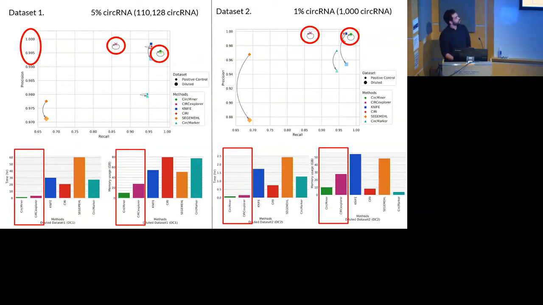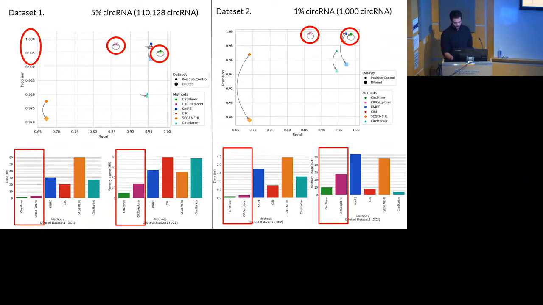So if you look further, you can see 2 of the methods are showing robust results. The others usually have drops in precision when we use the diluted sample. But SIRC-Miner in green and SIRC-Explorer are showing more robust results.